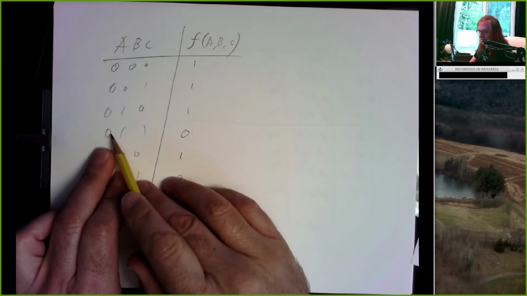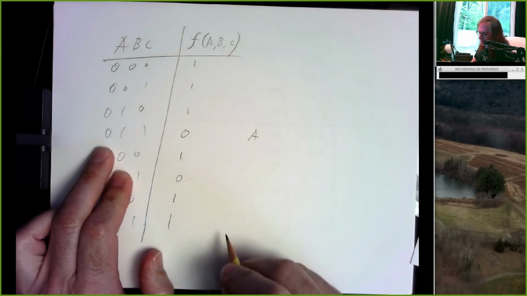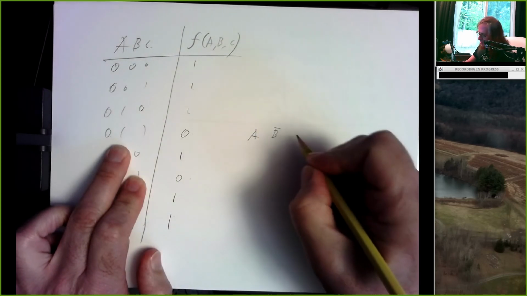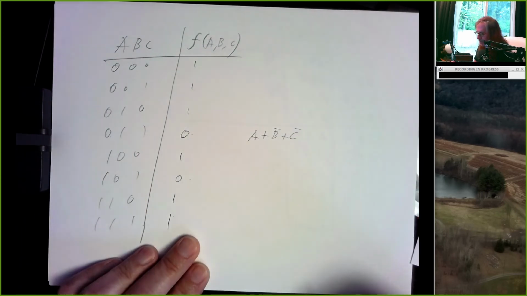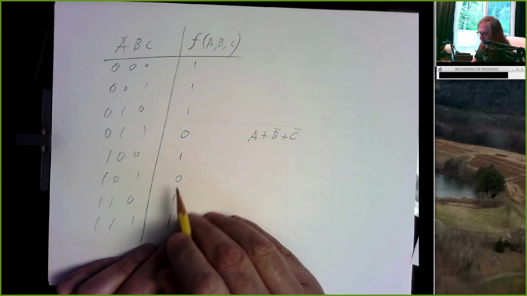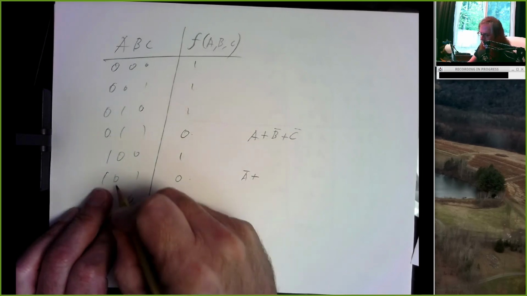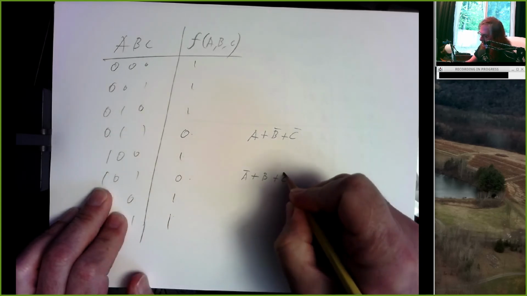But in this case, if I have a 0 in my input, I'm just going to write the variable. If I have a 1, I'm going to write the variable with a bar on top. And I'm going to put pluses in between them. And so for this 0, I see an A, I'm going to write A bar. I see a 0, I'm going to write B. I see a 1, I'm going to write C bar.